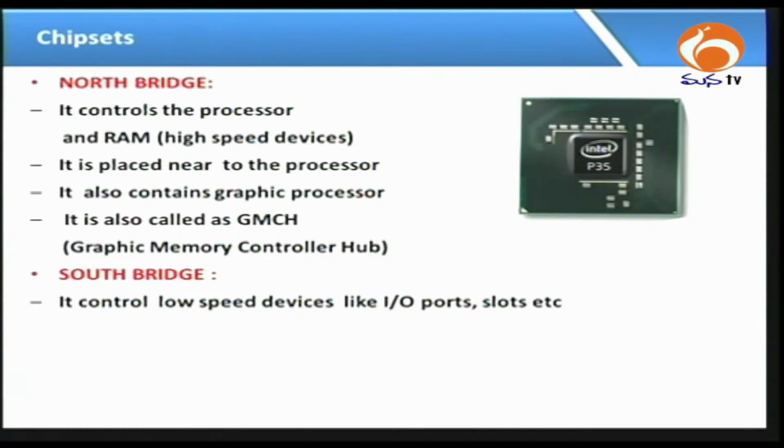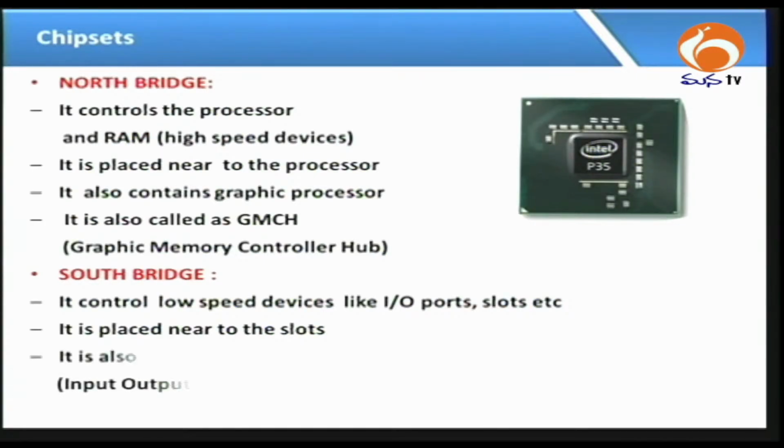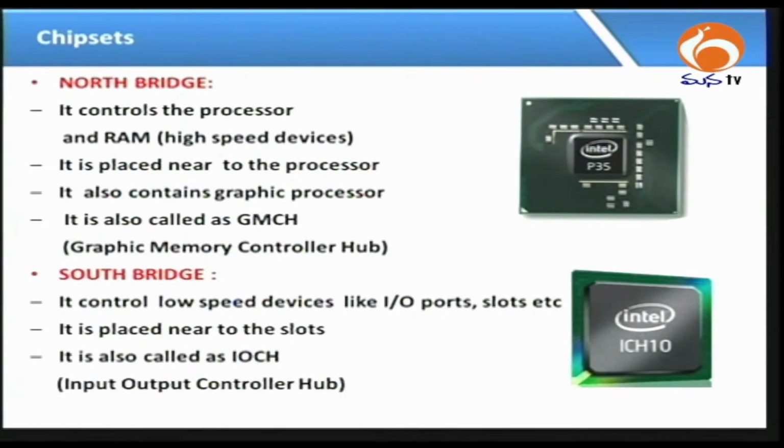It controls low speed devices like input output ports and slots, expansion or reserve slots. It is placed near the slots, expansion or RAM slots. It is also called the IOCH, input output control hub. These are the two types of chipsets available on a computer motherboard.